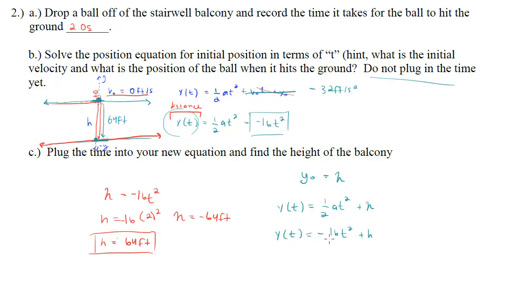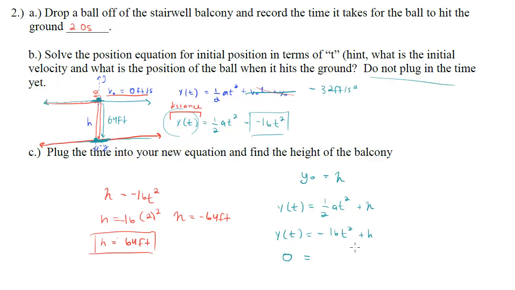Now, this right here is going to give you the height, the distance from the ground at that point in time. Well, you're on the ground. It's 0. So hopefully that makes sense.